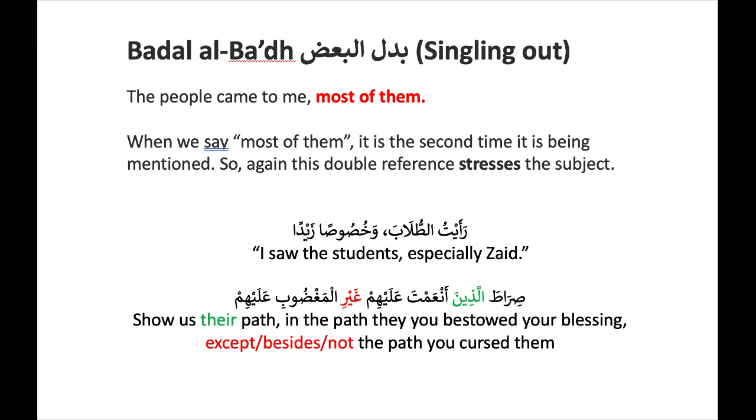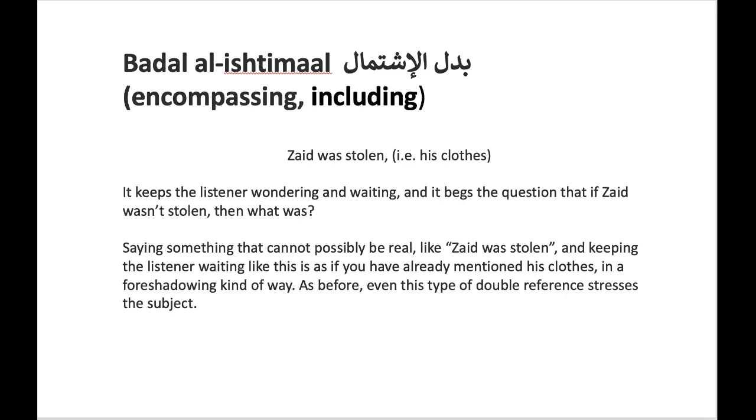One group, He showed the path by bestowing His blessings on them. And another group of people, Allah showed the way of going astray. So here, غير is the Badal and Al-Ladhina is the Mubdal Minhu.